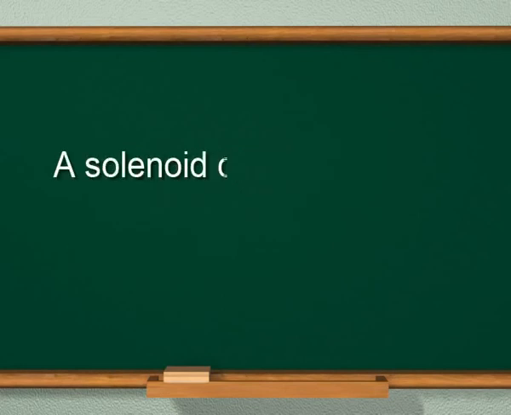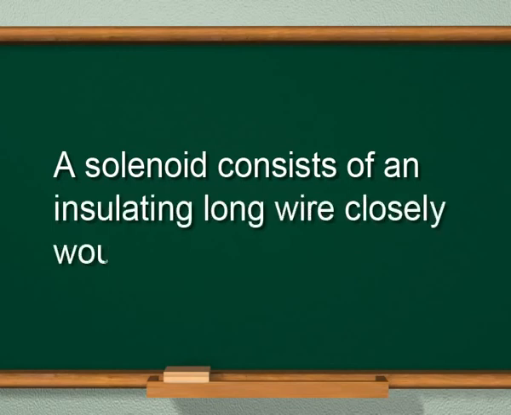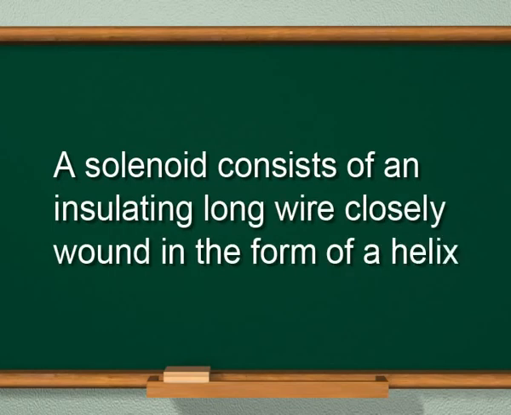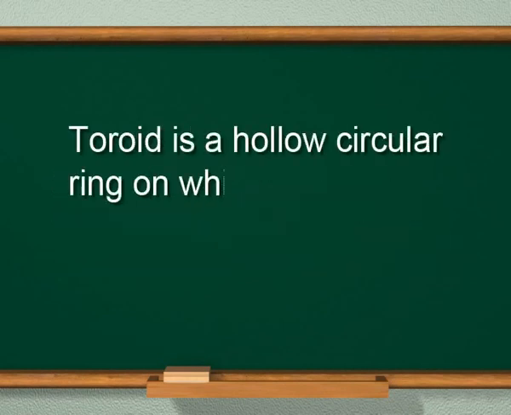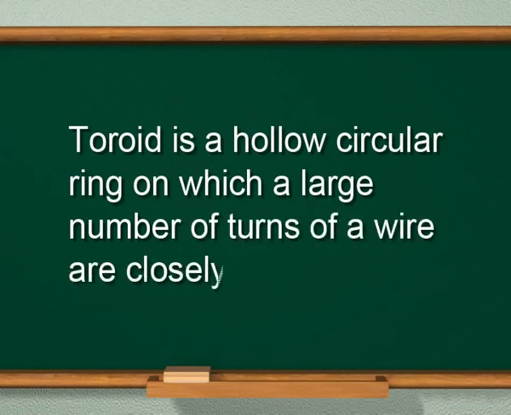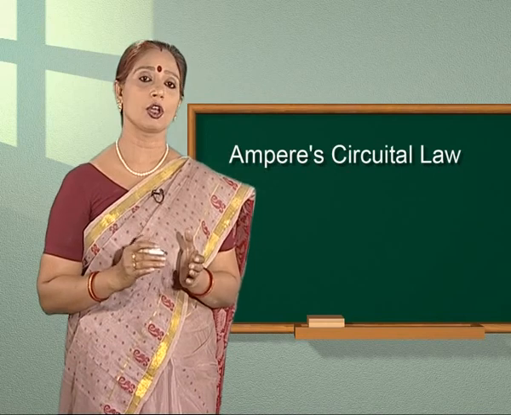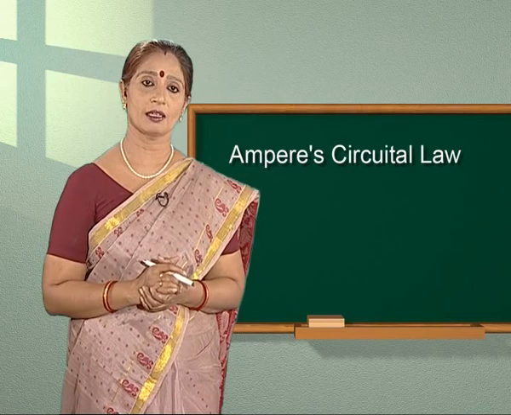A solenoid consists of an insulating long wire closely wound in the form of a helix, and a toroid is a hollow circular ring on which a large number of turns of wire are closely wound. However, a toroid is an endless solenoid in the form of a ring.